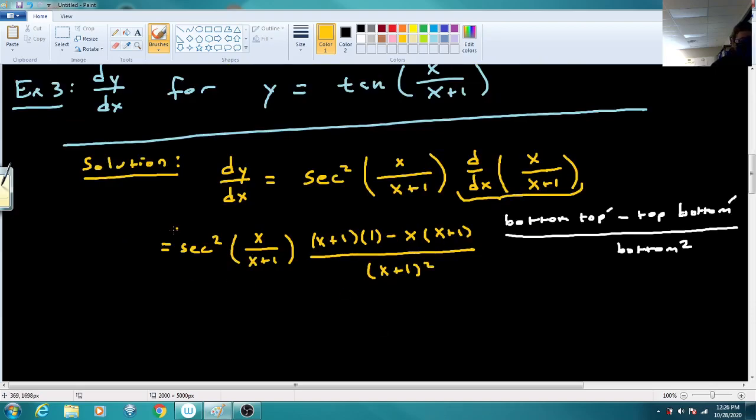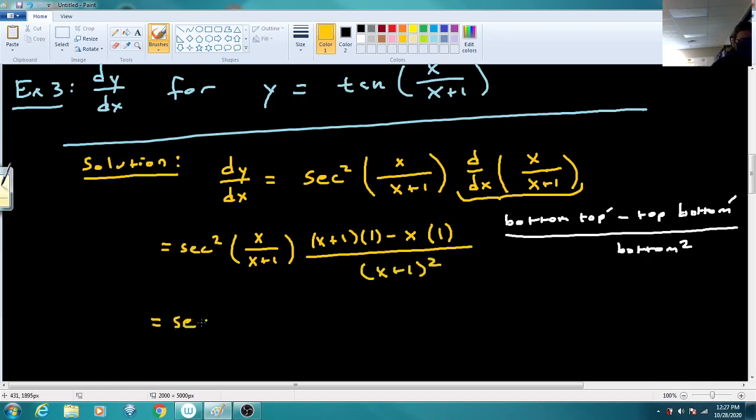And we'll say, okay, that is our derivative. Oops, I made a mistake. Hang on. It's bottom left alone, derivative of top, minus top left alone, times the derivative of the bottom, which would just be 1, all that over the bottom squared.